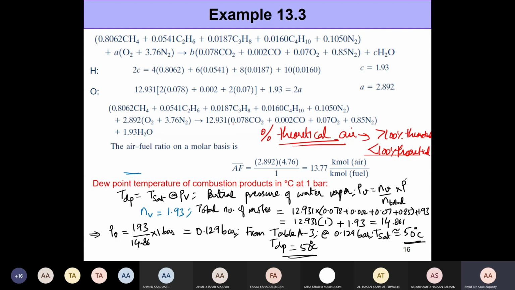So now, by looking at the products that we have, can you tell us if we should be getting more than 100% theoretical air, or less than 100% theoretical air in this question?